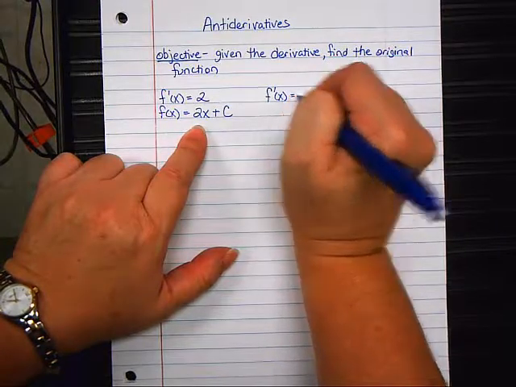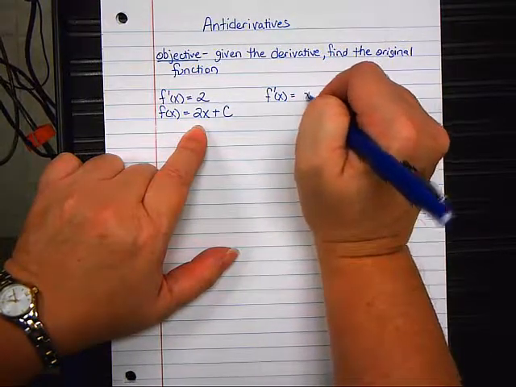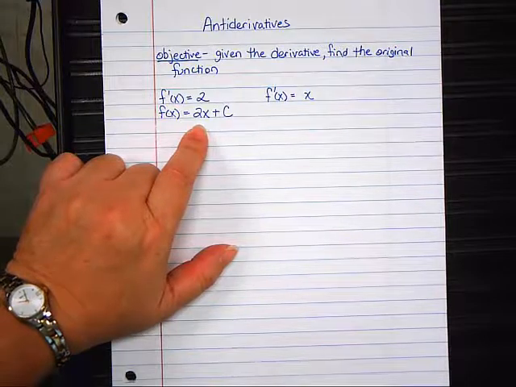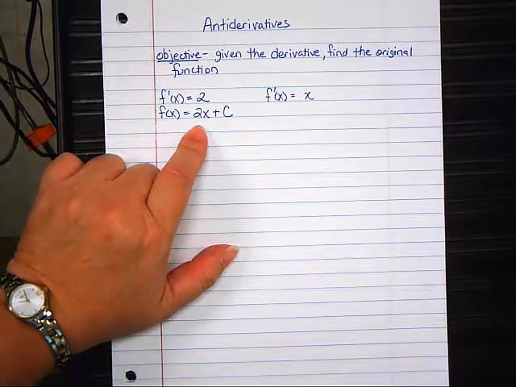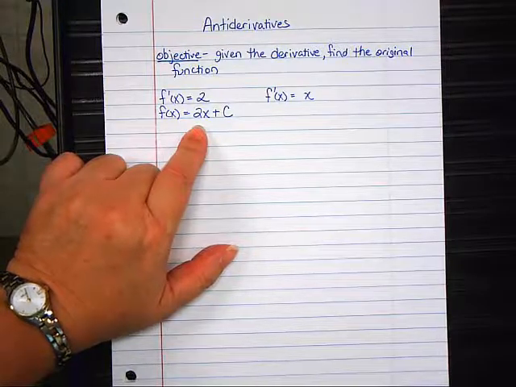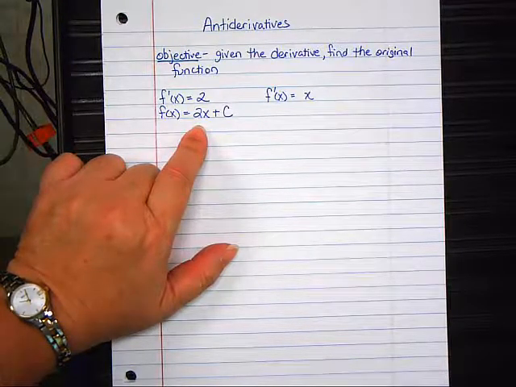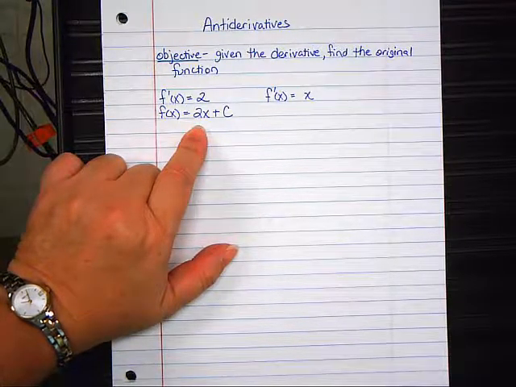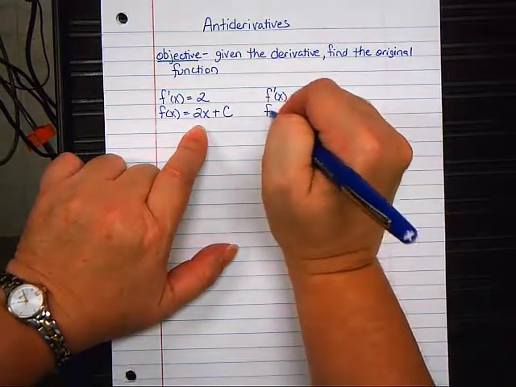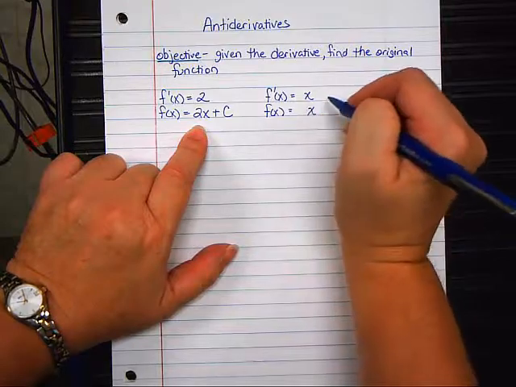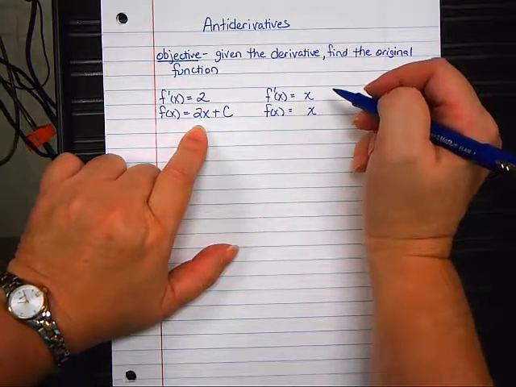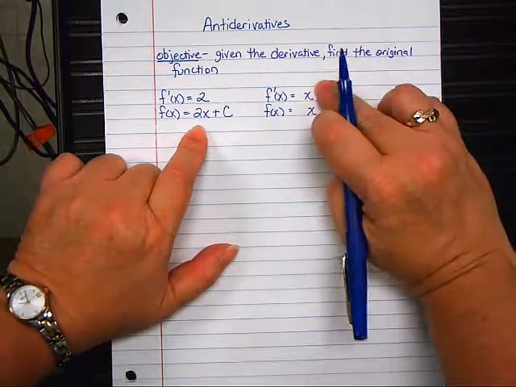Next problem. The derivative is x. One half x squared. How did you get one half x squared? Yeah, because when you take the derivative, you do 2 times 1/2 and that equals 1. Yes, you are right, but let me explain it a little bit slower for everybody else. If this is x, you know that this has got to be x squared.